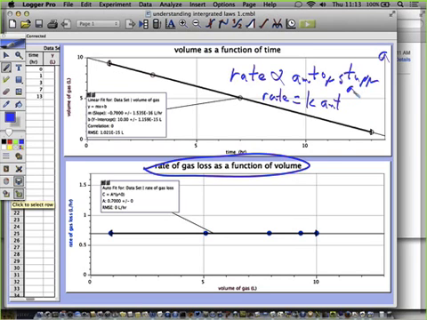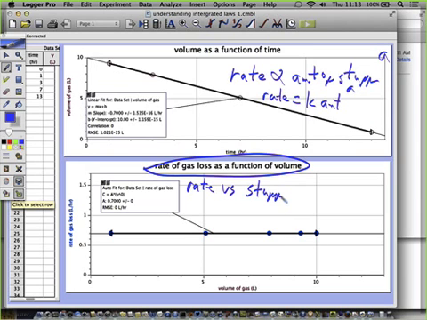So therefore, why did I ask you to graph this? What is this graph? Rate versus volume. Isn't it rate versus stuff? Yeah. If we think the rate law has this form, what do we need to graph in order to figure out what the exponent is?